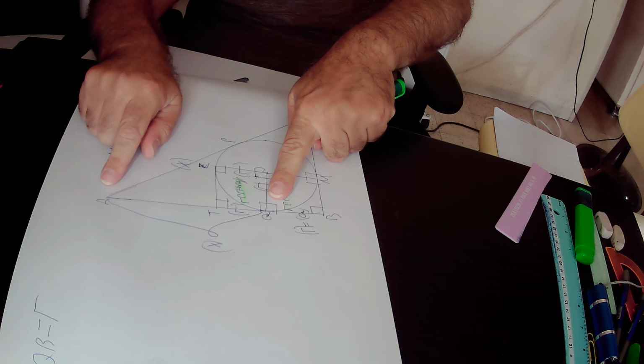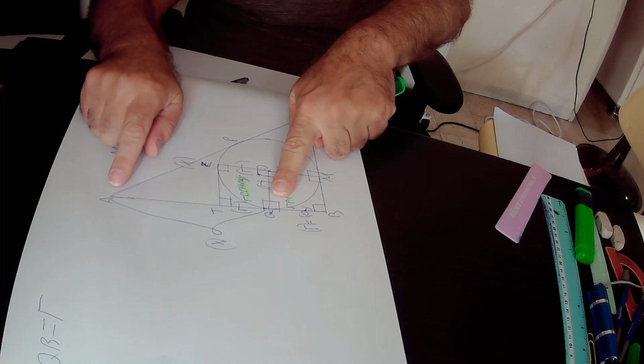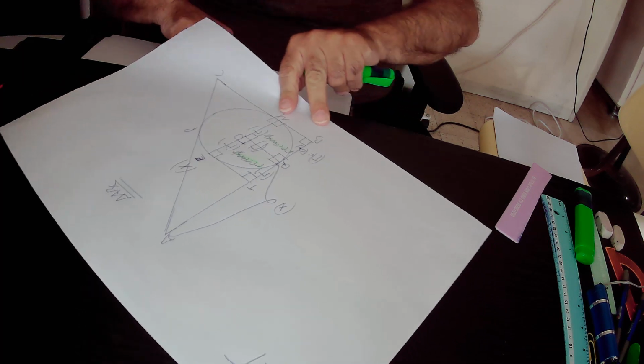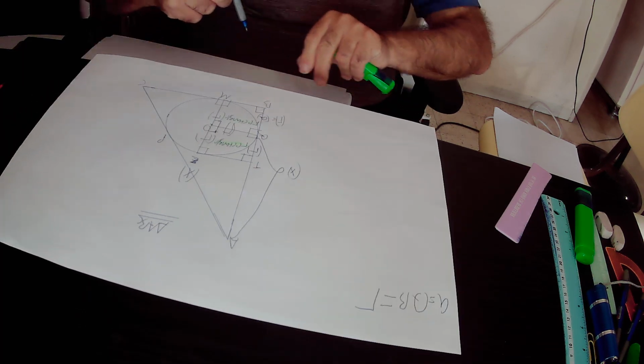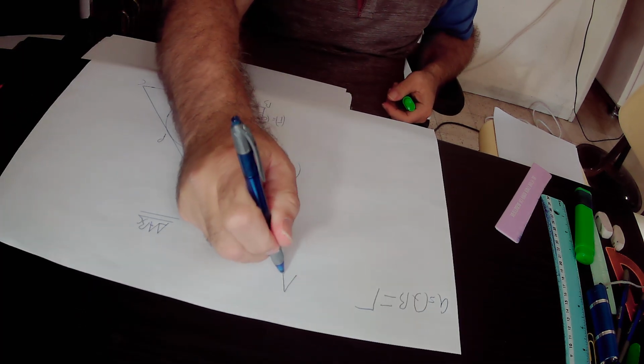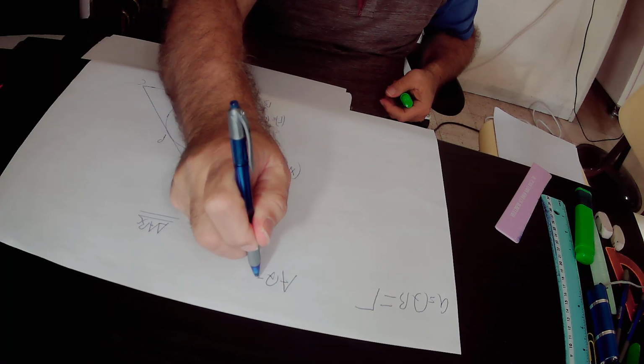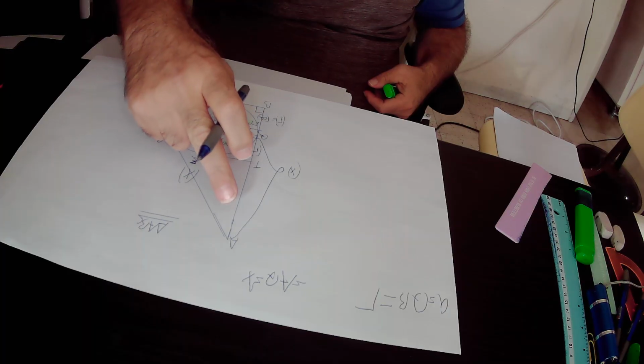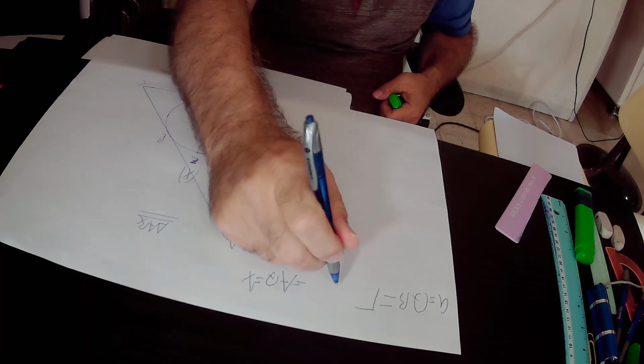TQ is R, so in total AQ equals AT plus R. So AQ equals X and AQ equals AT plus R. So write it down. AQ equals X and AQ equals also AT plus R.